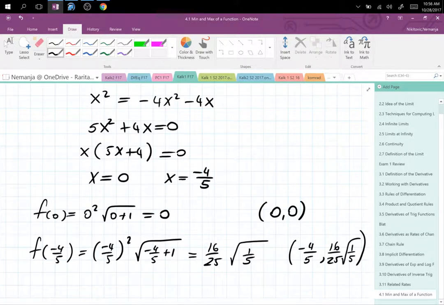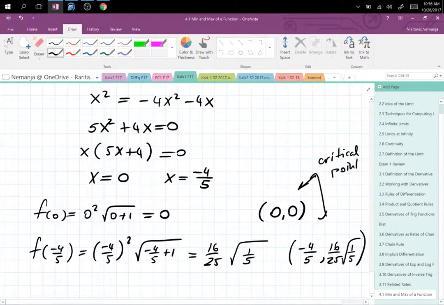And those are the critical points. So this is what we have for the calculation. And now there's one more piece to this lecture.